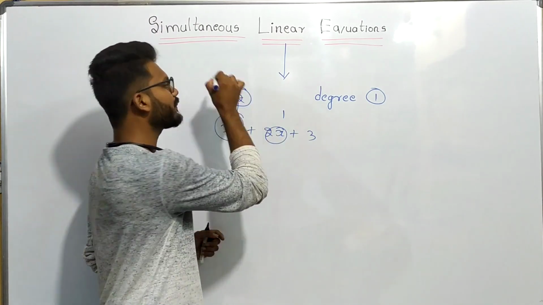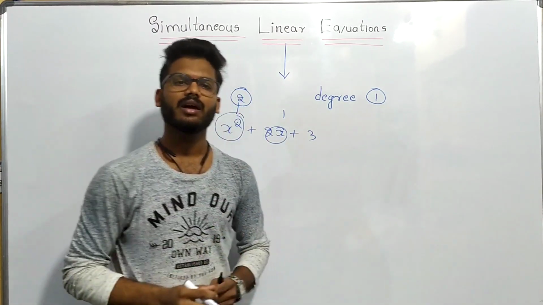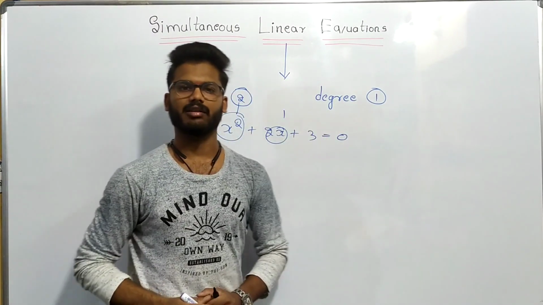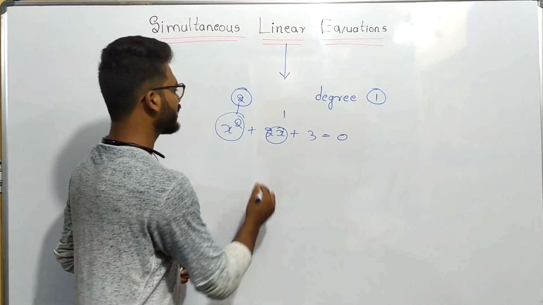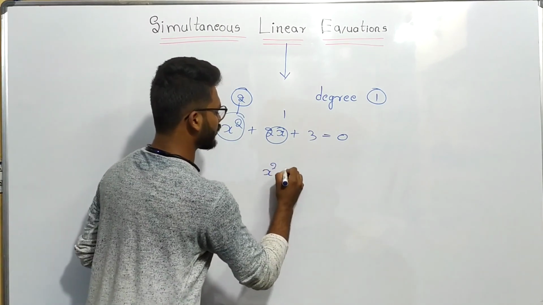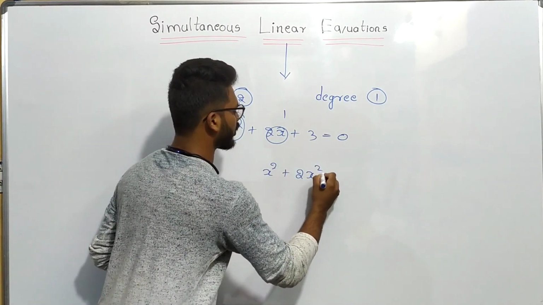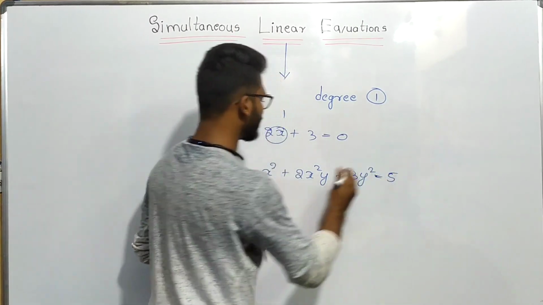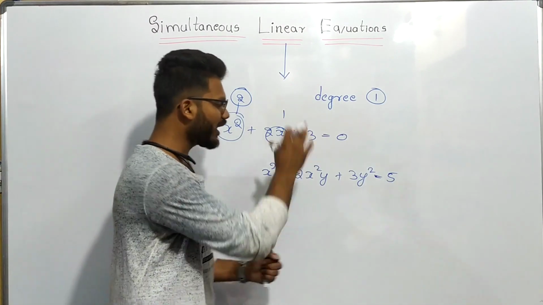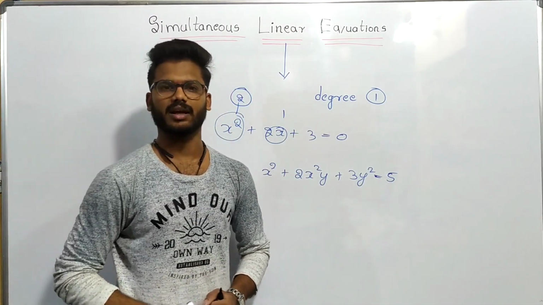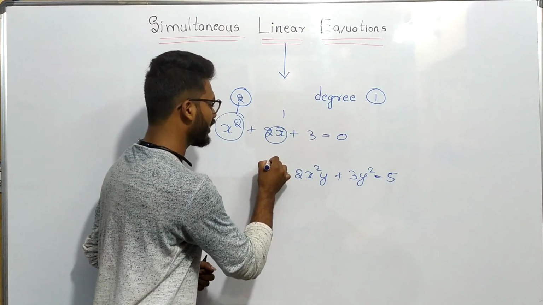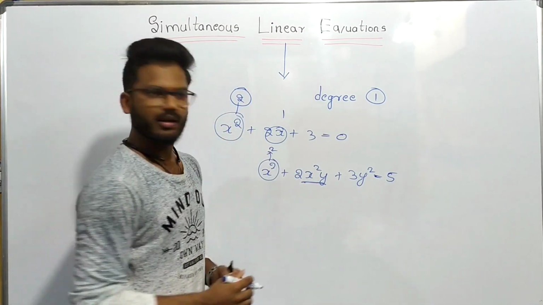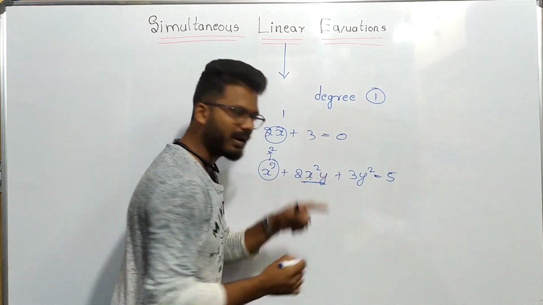So this highest power, we call it the degree of an expression, or if it is an equation, the degree of an equation. And what is the degree of this one? x square plus 2x square y plus 3y square is equal to 5. Suppose this is an equation. What is the degree of this algebraic equation? Here the power is 2. Here we have multiplication, right? x square is multiplied by y.